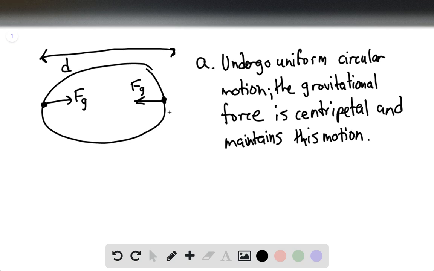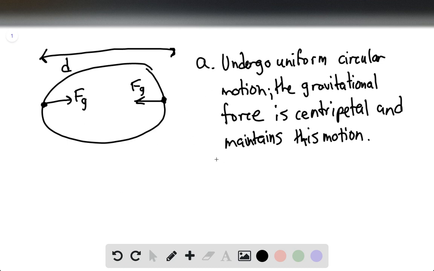This is why, because if they're perfectly on the opposite sides of this orbit here, that means that their force of gravity is always going to be parallel but opposite to one another, and they're going to keep themselves in this loop forever, given that they're undergoing uniform circular motion, and that gravitational force always stays centripetal, which indeed it will. However, it is important to note that they're undergoing uniform circular motion.